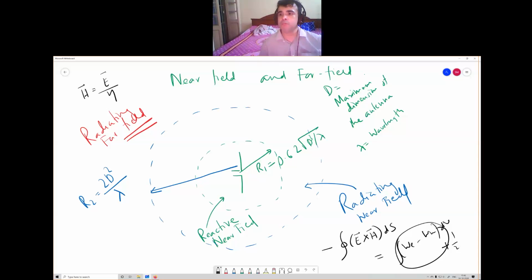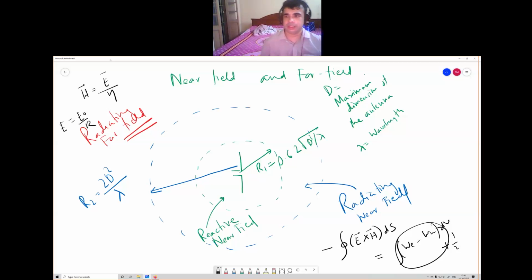If we move further away from the antenna, 1 by r squared or 1 by r cubed will fall much faster compared to 1 by r. So these terms fall very rapidly to 0. And when we are far from the antenna, we have E equal to E naught by r, falling linearly, and H equal to E by eta.